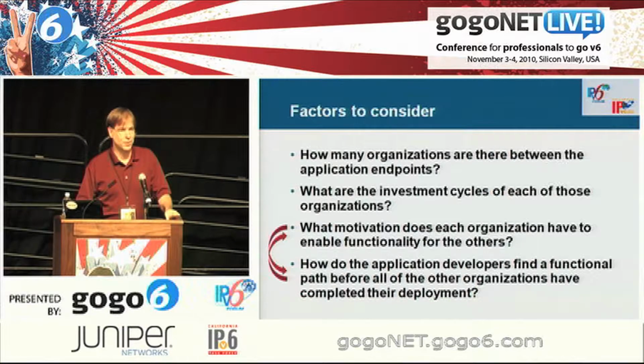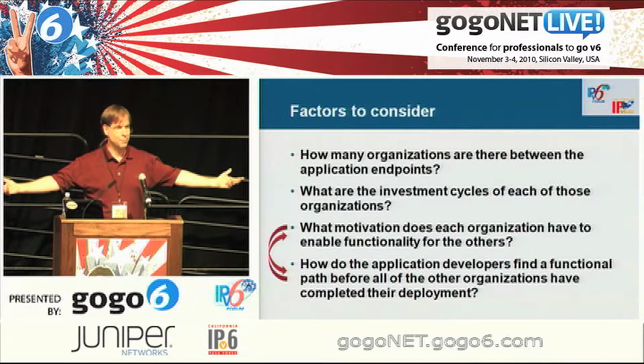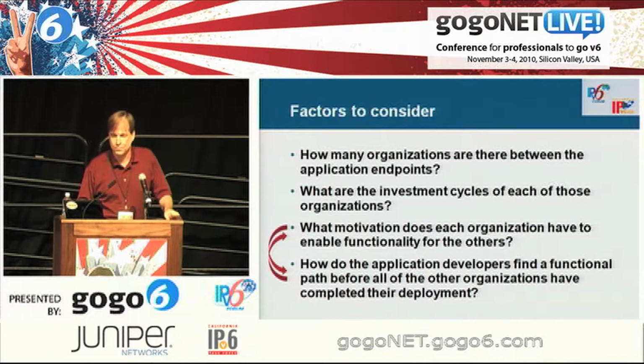They throw rocks at each other, and it's two separate organizations right there. Yes, there's one CIO, but it's at least two separate organizations that are in charge of the end-to-end application experience. What are the investment cycles on those multiple organizations, right? If you've got carriers along the path, do they all have the same investment cycles? Some of them are going to be ready to put V6 equipment out sooner than others. Some of them are ready, but they can't get the budget together in time, right?